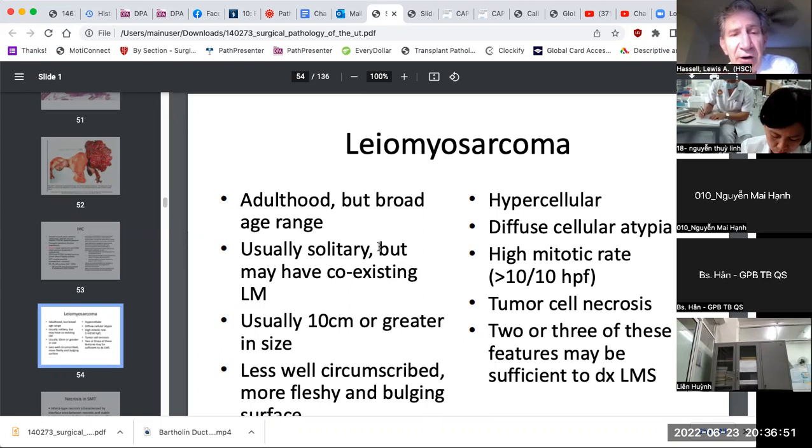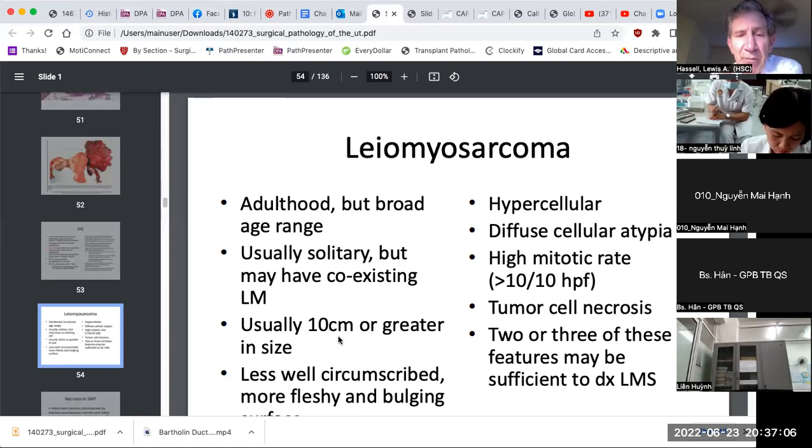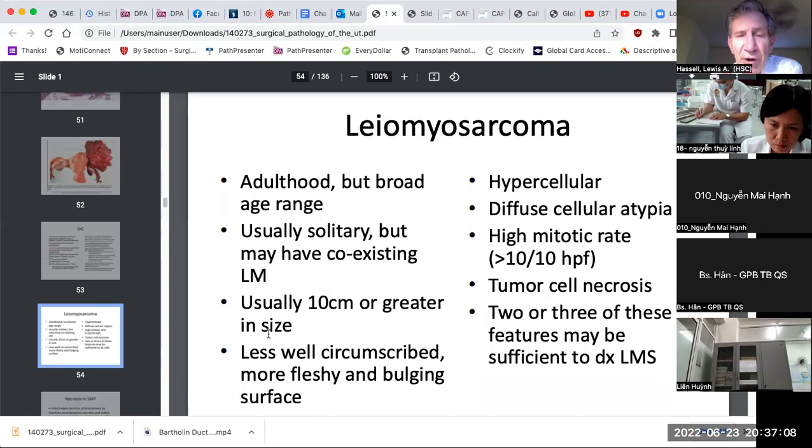That's usually a little younger than you might expect. And usually these are solitary, but some may coexist with leiomyomas. Size is usually helpful, but not always. And the margin of the tumor, less well circumscribed, that should lead you to be concerned.